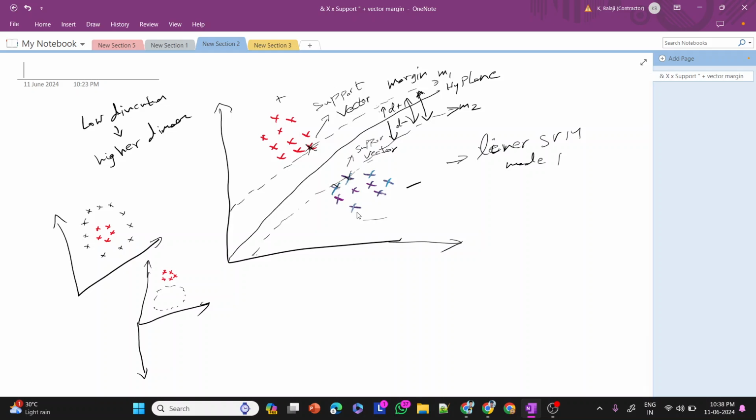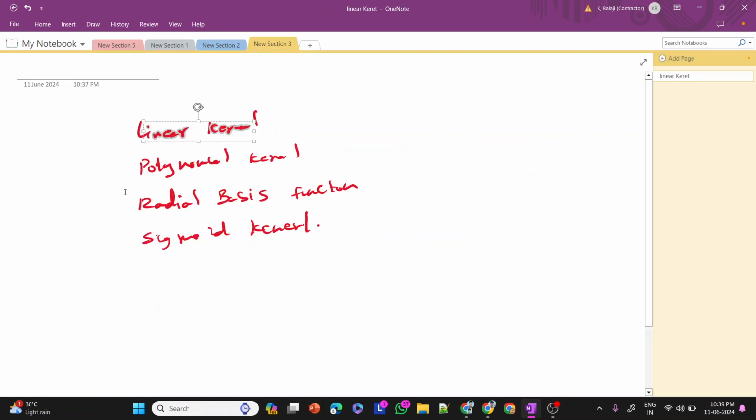Whenever we have data of more than two dimensions, by using the polynomial kernel we can separate those types of groups. And we have radial basis functions, which can also be called the Gaussian kernel.